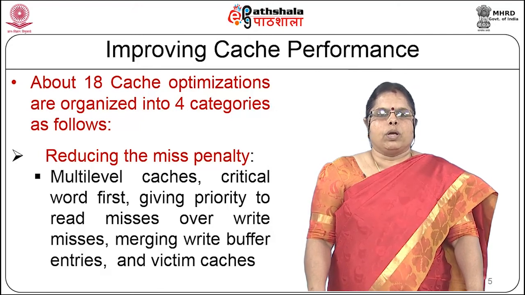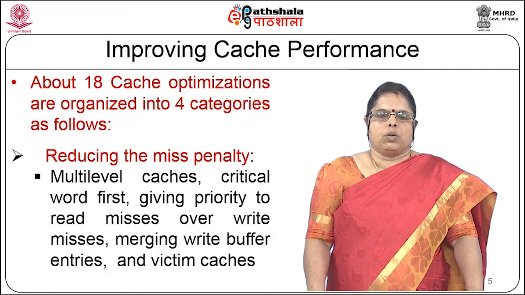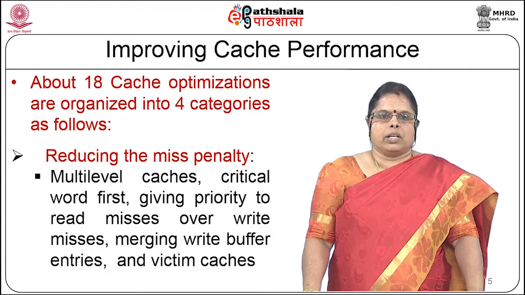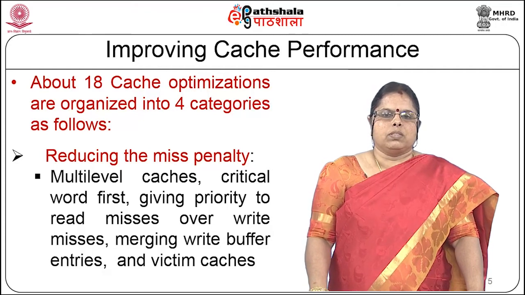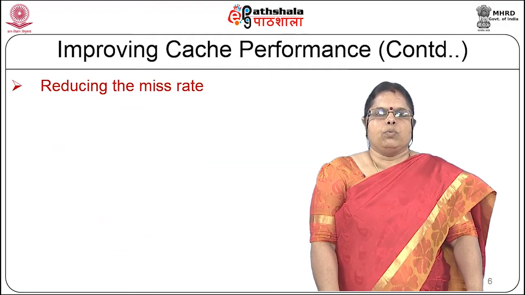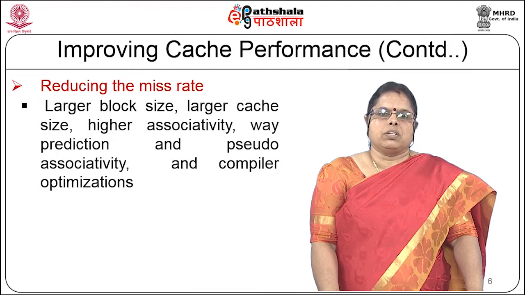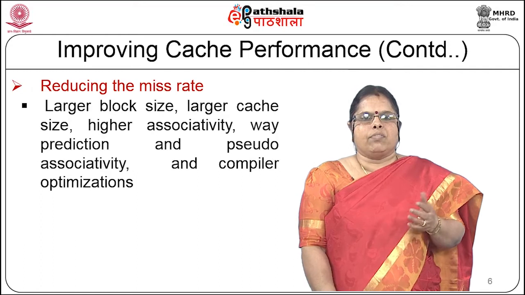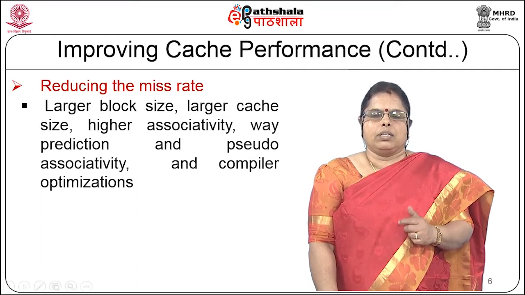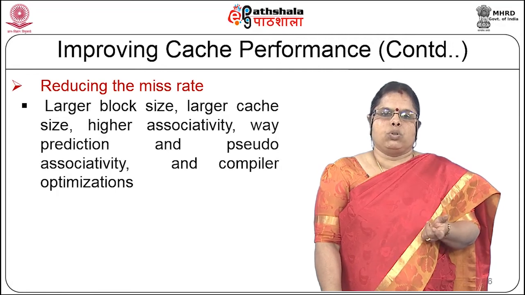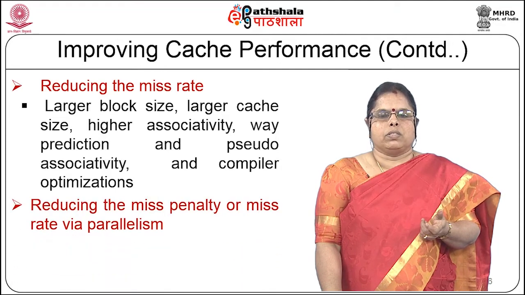For example, there are optimization techniques that help reduce the miss penalty, where we look at multi-level caches, critical word first, giving priority to read misses over write misses, merging write buffer entries and victim caches. Next, we look at measures to reduce the miss rate, where we look at the effects of larger block size, larger cache size, higher associativity, way prediction and pseudo associativity, and compiler optimizations.